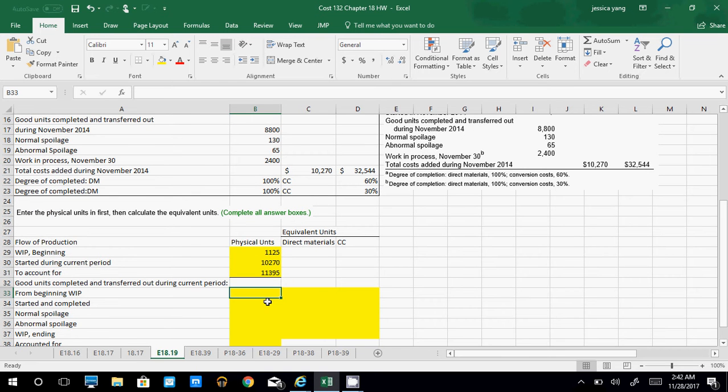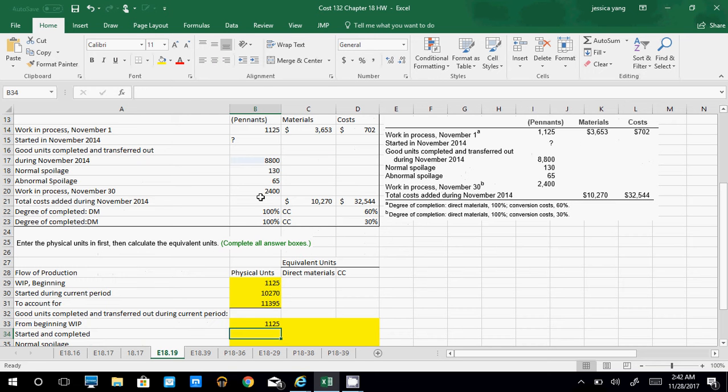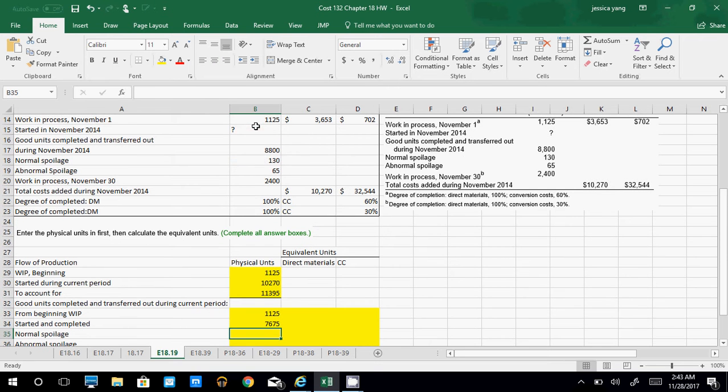Now from the beginning work in process, we take the 1,125 units in the work in process November 1st. To find started and completed, we take goods units completed and transferred out during November 2014 and subtract our work in process November 1st of 1,125 units to get a total of 7,675 units.